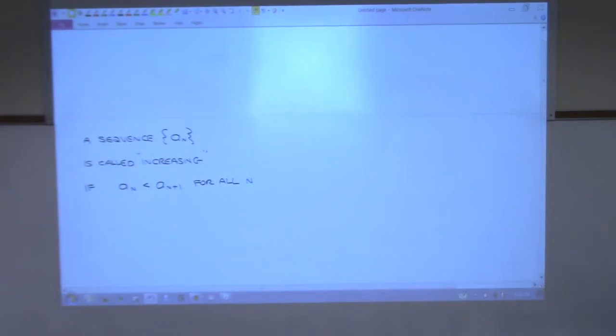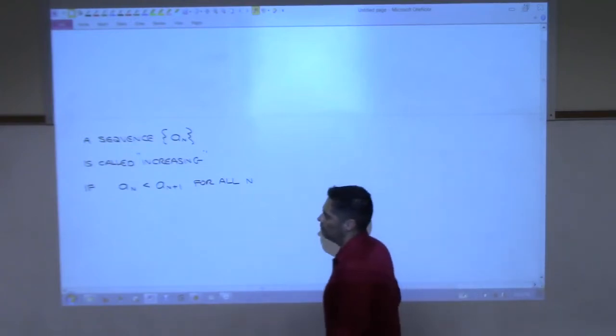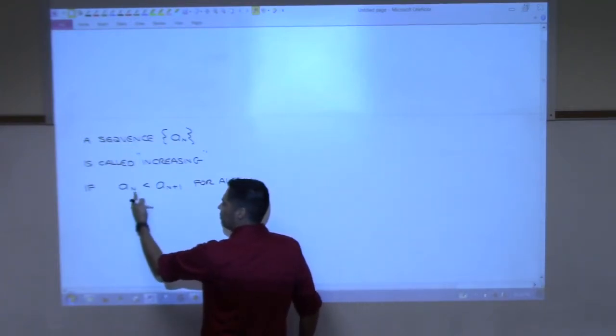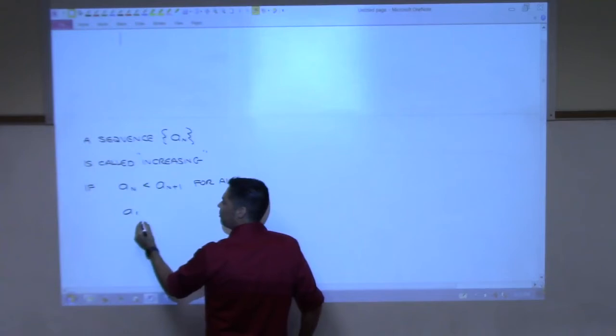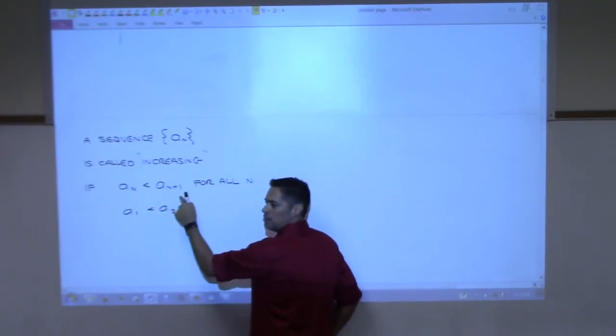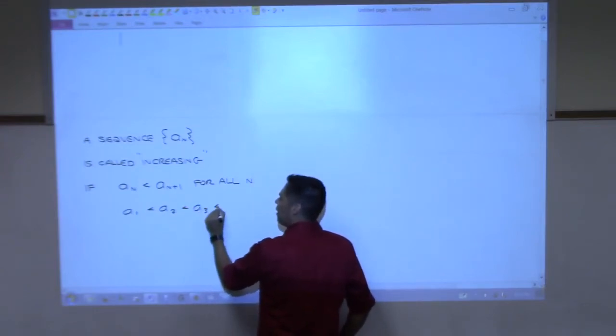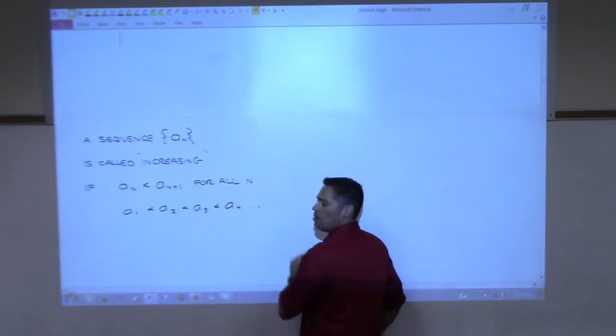What does that mean? If you look at the first term of the sequence, it's smaller than the second term. But the second term has to be smaller than the third, and the third has to be smaller than the fourth, and so on and so forth.